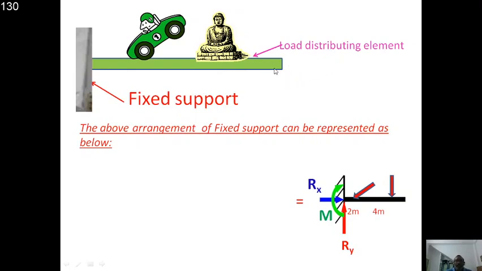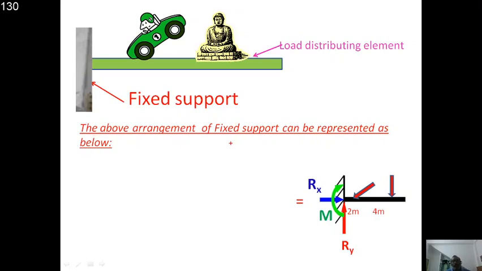So the load distributing element is inbuilt in the primary structure, where two types of loads are acting on the load distributing element: an inclined force and another one, a vertical force by the Lord Buddha statue.